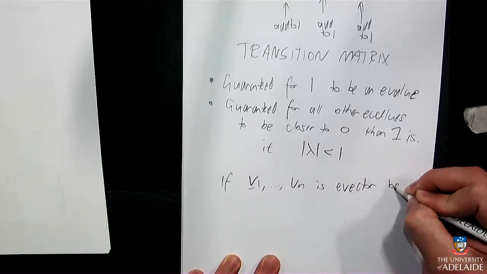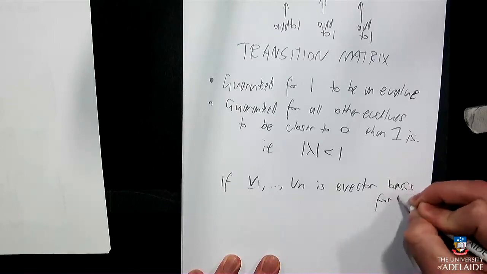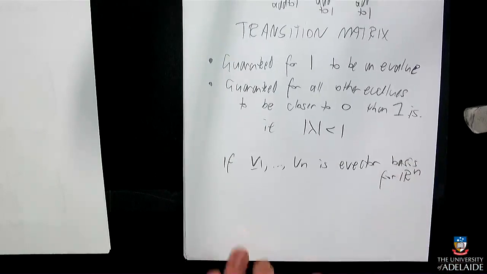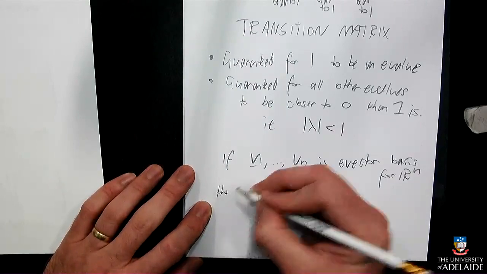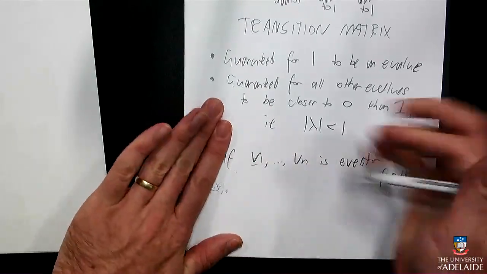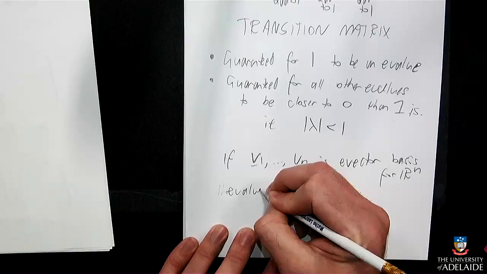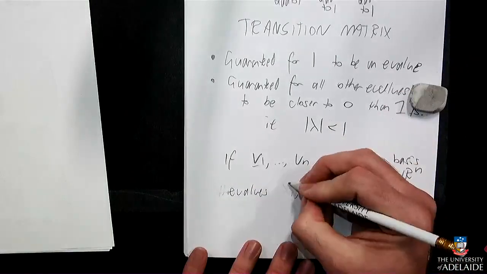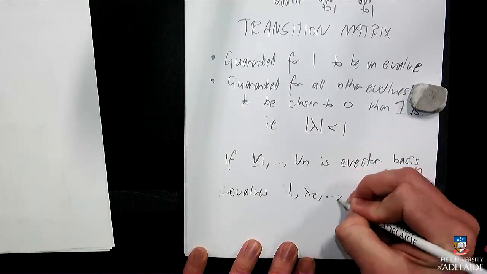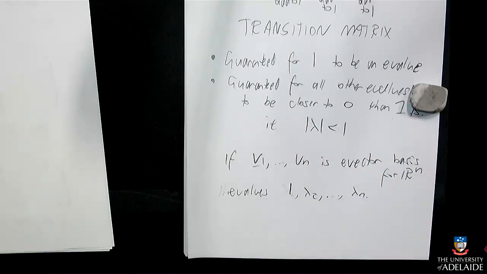It's an eigenvector basis for Rn, or R3 in this case. And with eigenvalues lambda 1, just 1 and lambda 2 and up to lambda n, because one of them has to be 1.